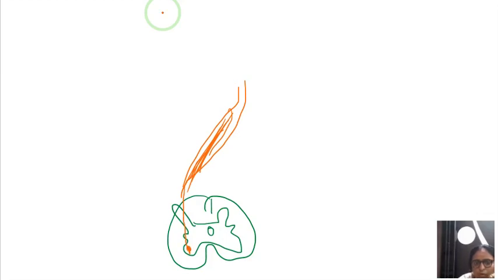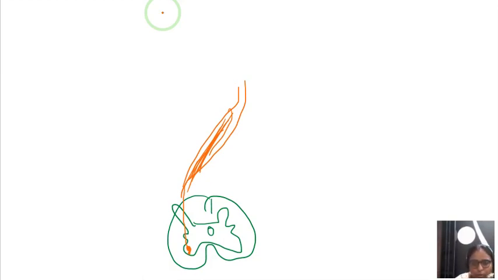See, if I take another pen, the fibers which are coming from the right side form the decussation and cross to the opposite side, and they descend to your anterior horn. Either they will directly terminate here or through the internuncial neurons. I'll tell you what the internuncial neurons are, don't get confused.